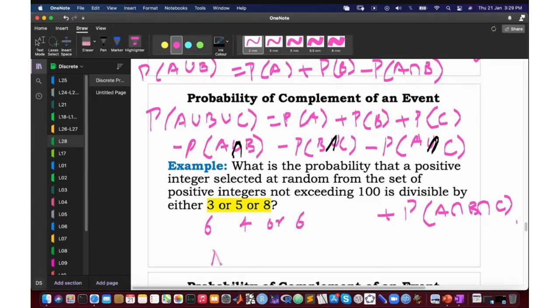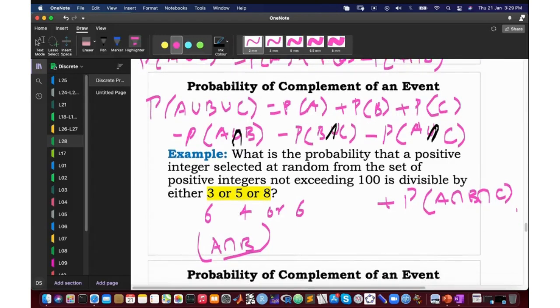So if you find out the intersection of A and B, then here it's not 24, you have to use 12. Everything that's divisible by 12 is divisible by 4 and it's divisible by 6. So you have to take their least common multiple, the LCM, which is 12. Good point.